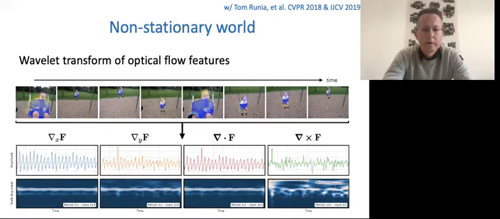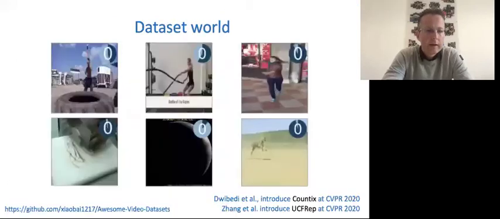Now, this is using rather traditional signal processing techniques, and we published this in CVPR 2018. In the years after, in CVPR 2022, works proposed a deep learning-based solution to repetition estimation in video.